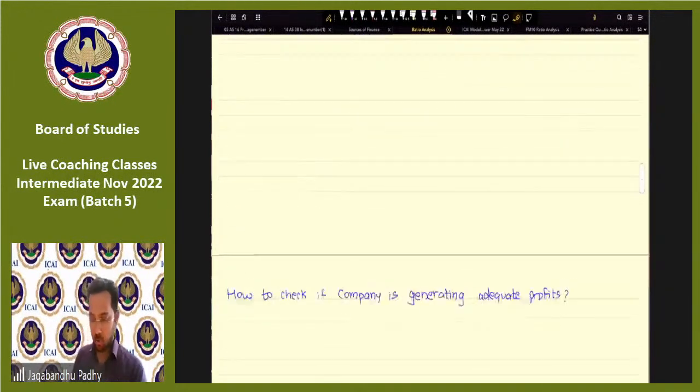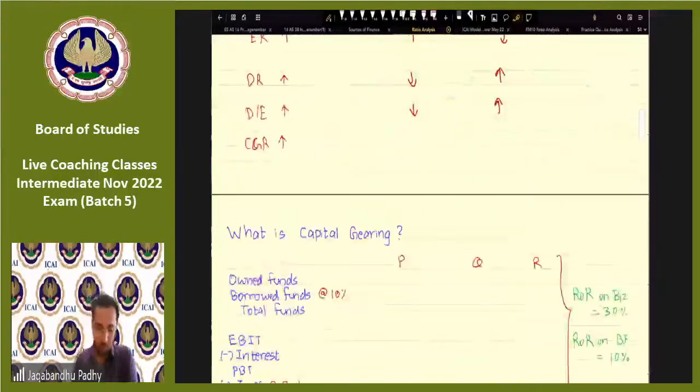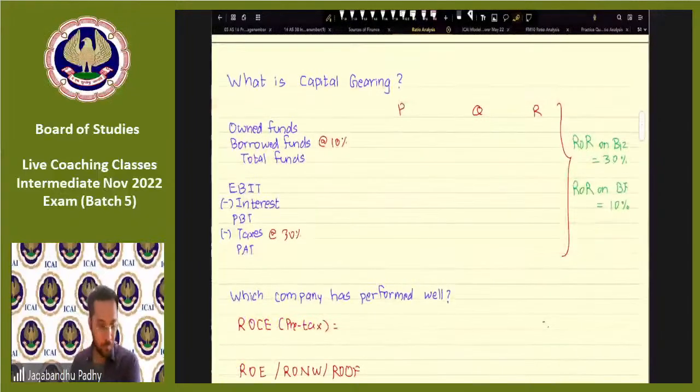Okay, fine. Now let's come to the capital gearing ratio. Let's have a look at the concept with the help of an example.